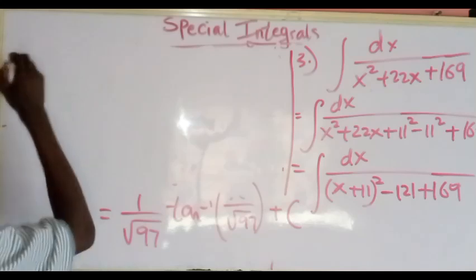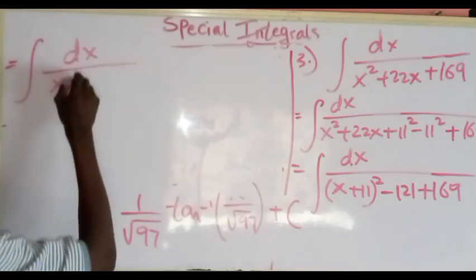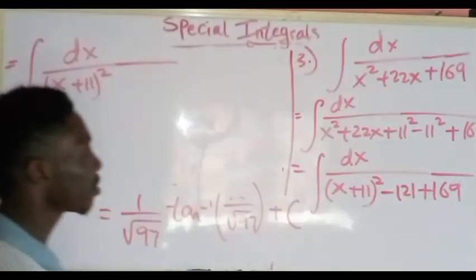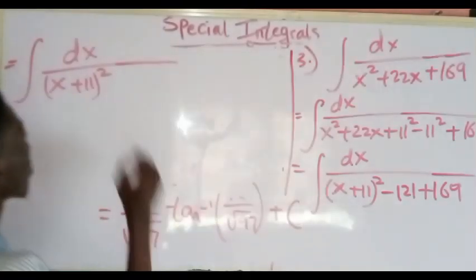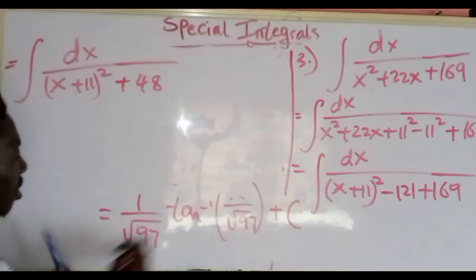From there, that becomes x plus 11 squared, and minus 121 plus 169 is equal to 48.